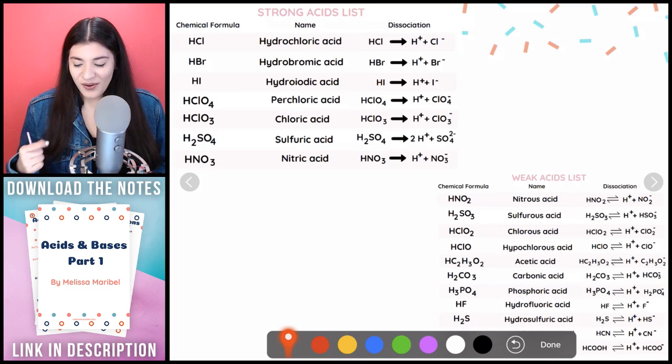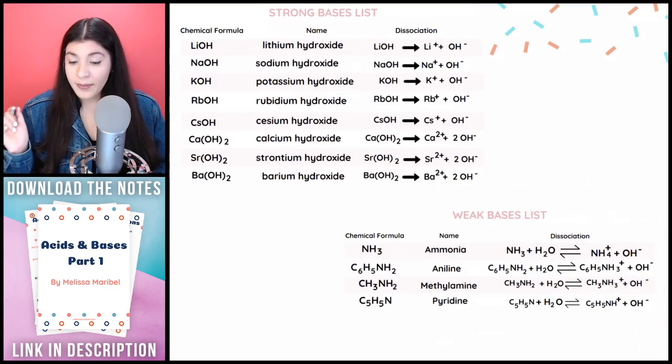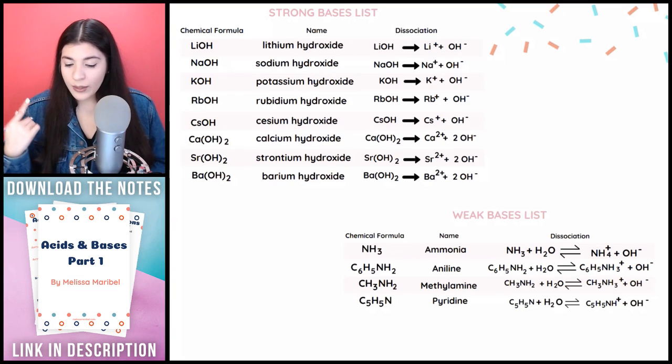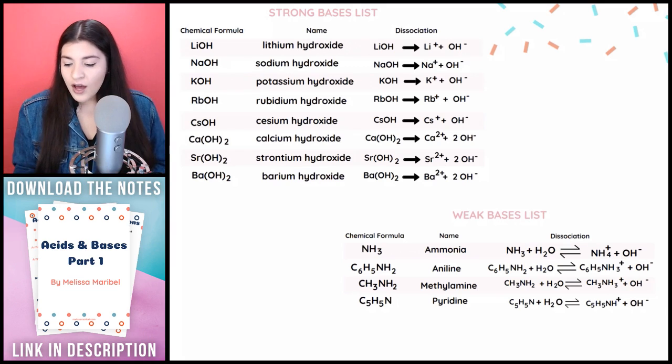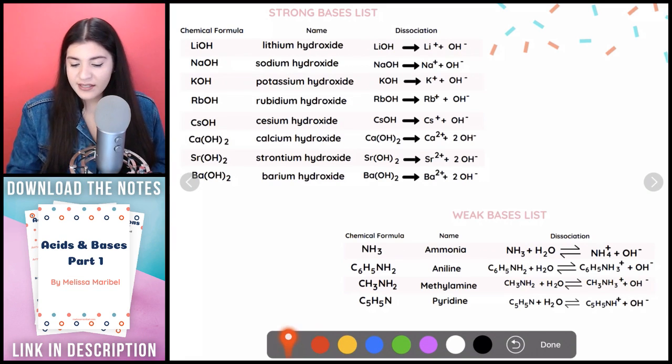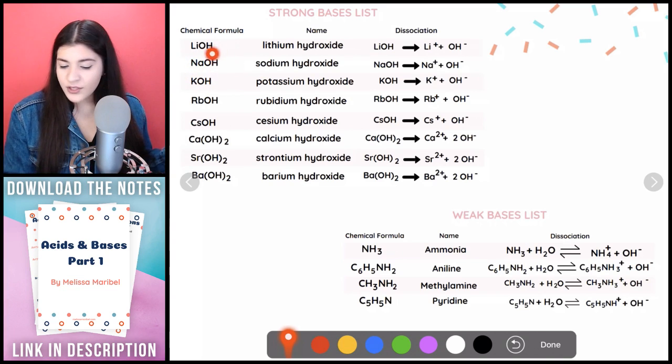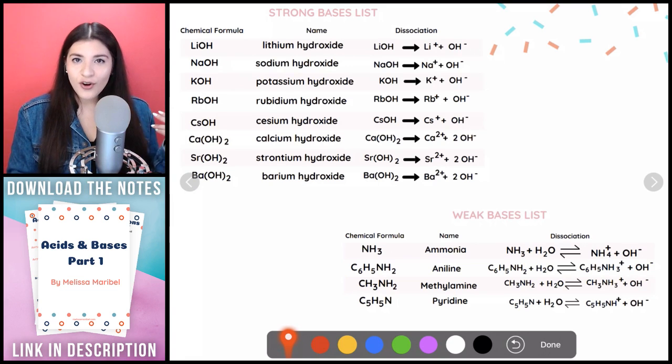All right, so I'm going to keep going to our bases, our strong bases and our weak bases. And I have a little trick for you to remember your strong bases. Looking at all the metals that are in front, like lithium, sodium, potassium, and so on, all of these are going to be in the first two groups of our periodic table, right?